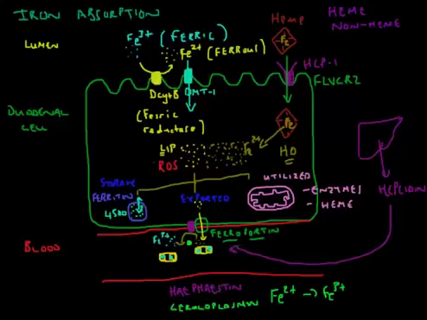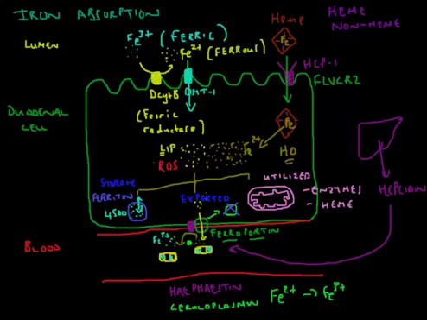The ferroportin, once bound to hepcidin, will be moved into the cell, away from the membrane, and inside the cell it will be destroyed or broken down. So there will be less ferroportin available on the membrane for iron absorption to take place.